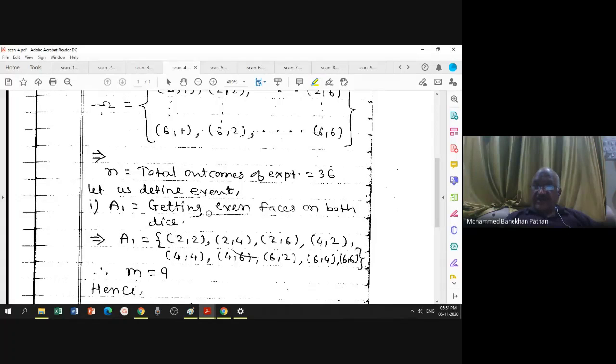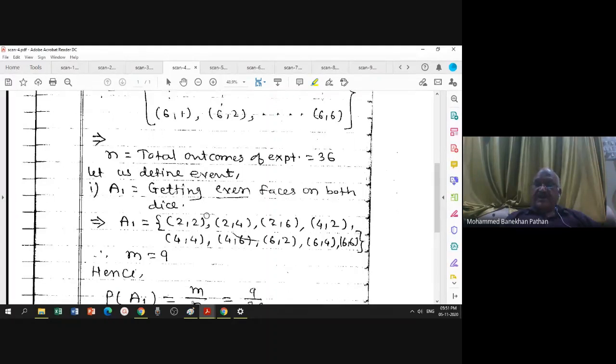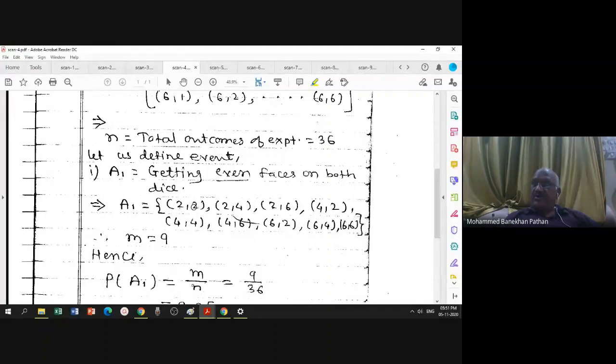I want even faces on both dice. So my elements will be (2,2), (2,4), (2,6). Another possibility is (4,2), (4,4), (4,6). Next possibility is (6,2), (6,4), (6,6). That means out of 36 elements, only 9 elements are favorable to the event A1.